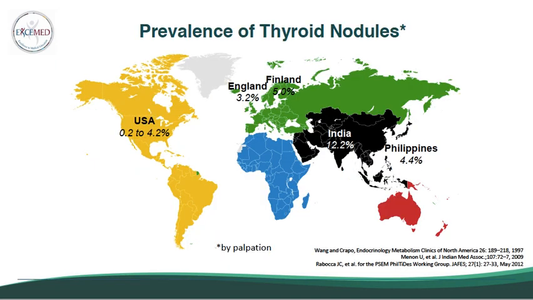Okay, so thyroid nodules are fairly common depending on your population. For example, in the Philippines, if you try to detect thyroid nodules by palpation, they were able to pick up about 4.4% of the population having nodules, while in a study in India, 12.2% of the population had palpable thyroid nodules.